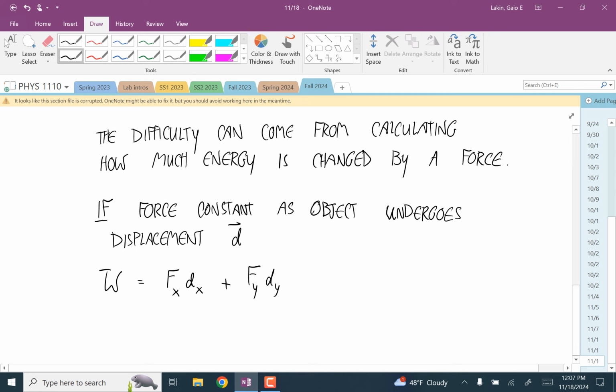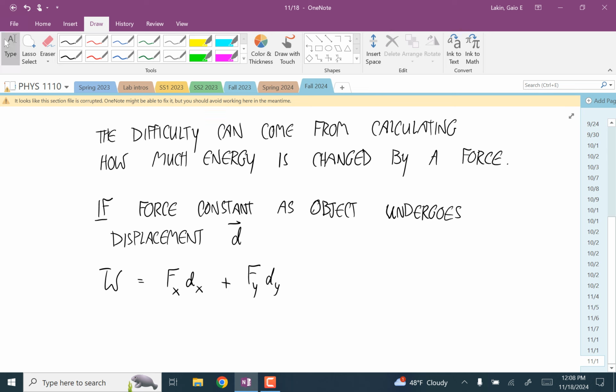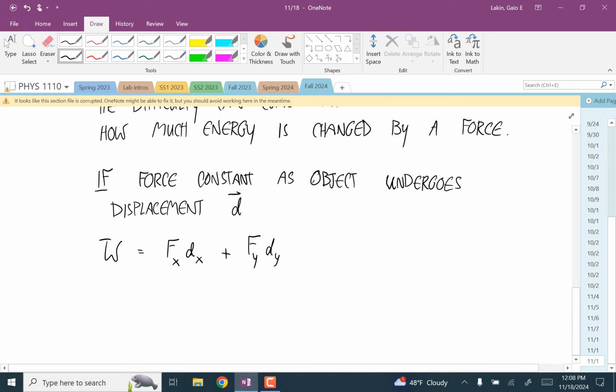Okay, but that's asking a lot for that force to stay constant as this thing moves. Most of the time, forces change as time goes by.